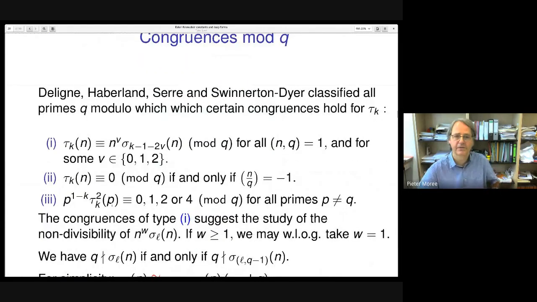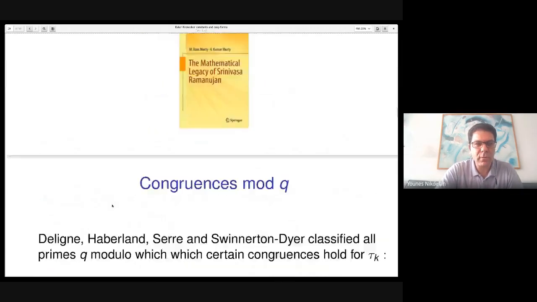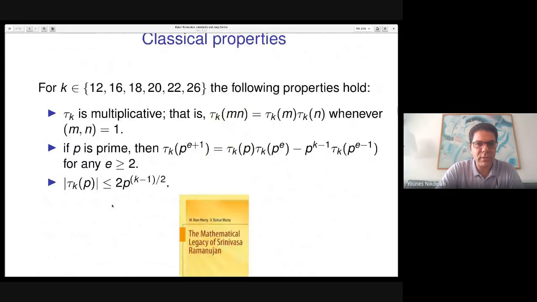Okay, so Serre and Swinnerton-Dyer were the main persons. Sorry, Peter, one question. Yeah. Here, tau k are the Fourier coefficients of the modular form, the cusp form in this weight? I hear these taus are the Fourier coefficients for the delta, or for all the cusp forms?